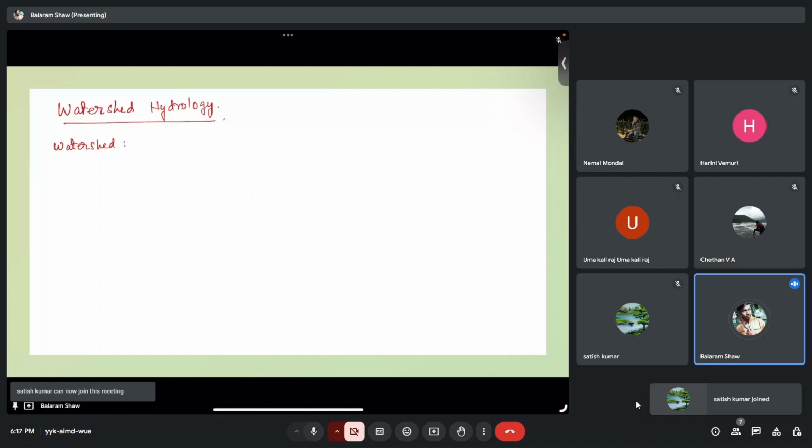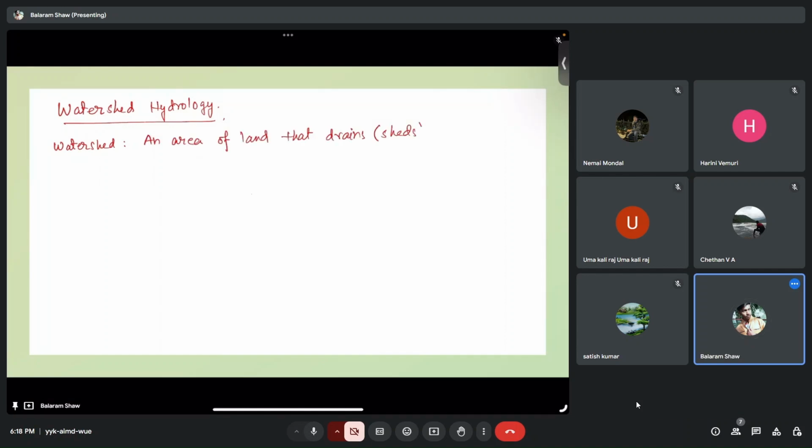So watershed, if you go by definition, is an area of land that drains, or you can say sheds, all the streams and rainfall to a single outlet.